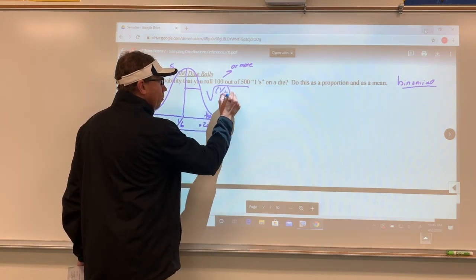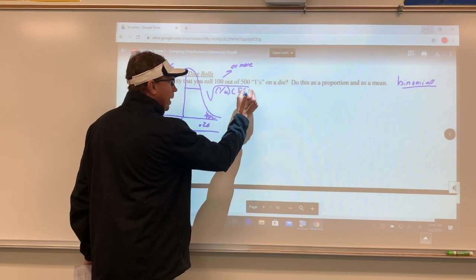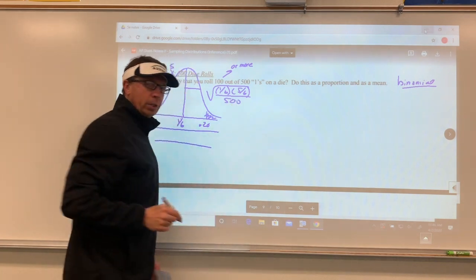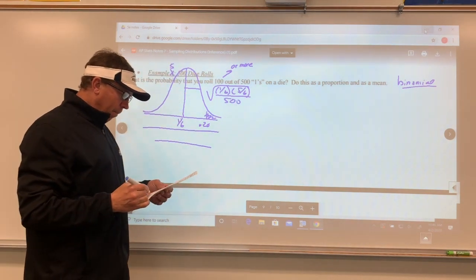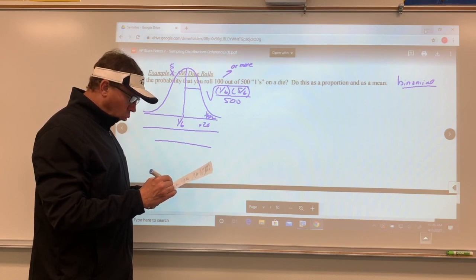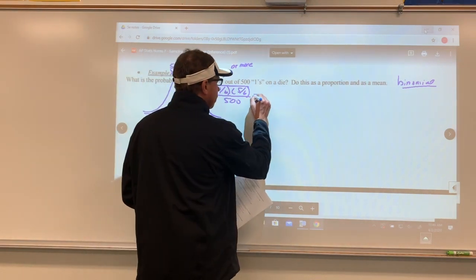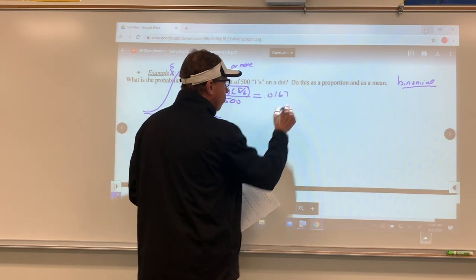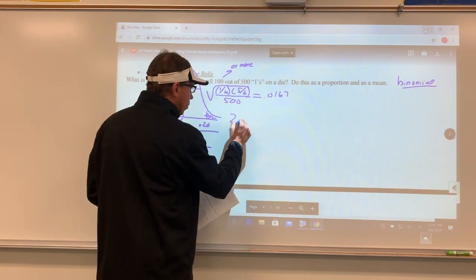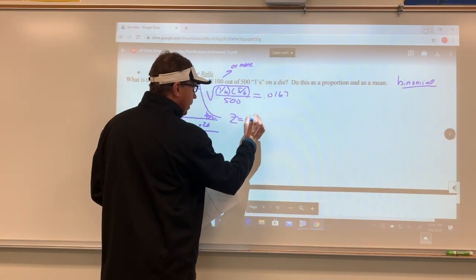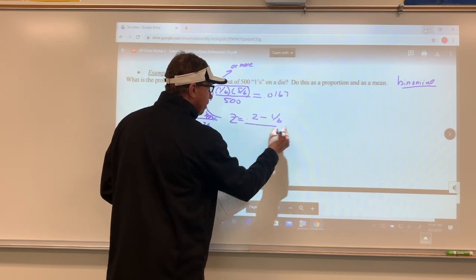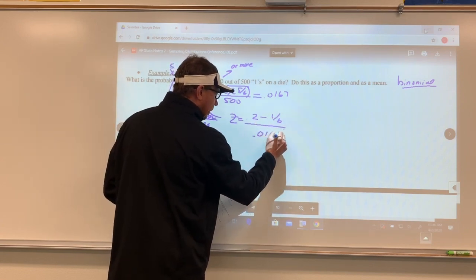It's probably pretty uncommon. Okay, now here's your standard deviation. 1/6 proportion of ones, 5/6 proportion of non-ones, divided by 500, which is the total. And that number comes out to be 0.0167. Now we're going to have rounding issues all the time here, depending on where you rounded. Here's my z-score: 0.2 minus 1/6 divided by 0.0167.